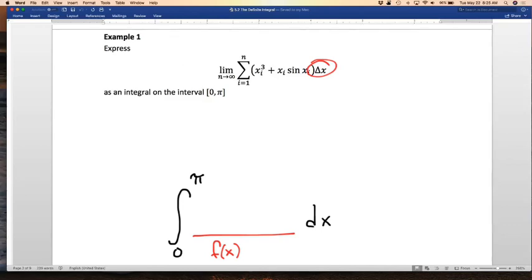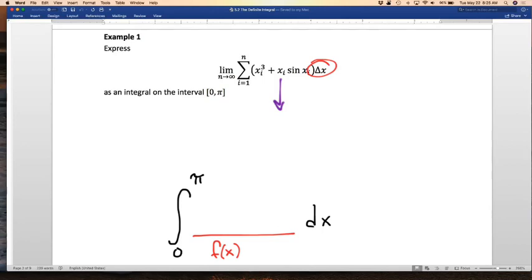Dx is that differential change in x, and delta x is the width of each interval, so they're tied closely together.